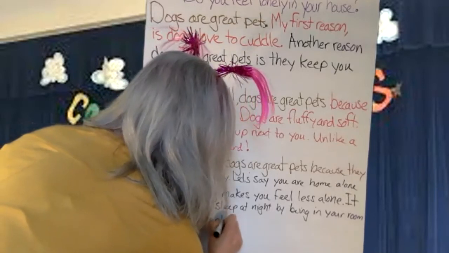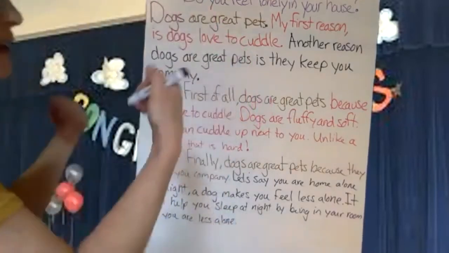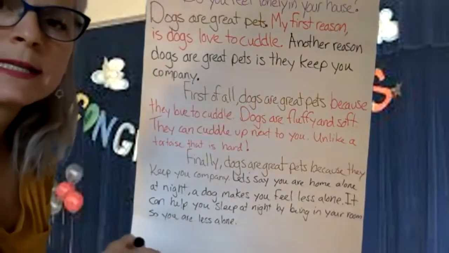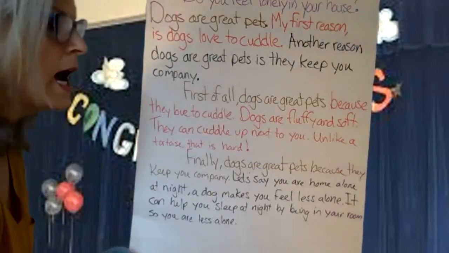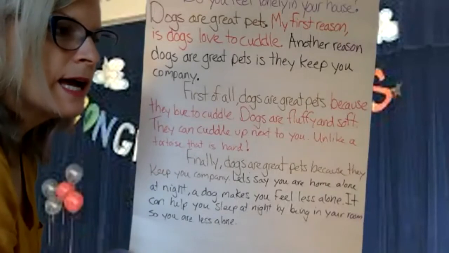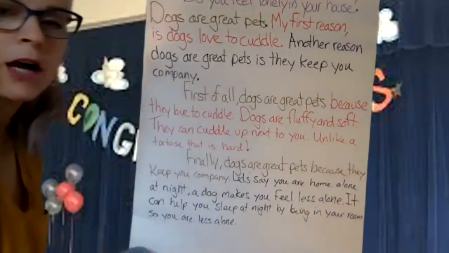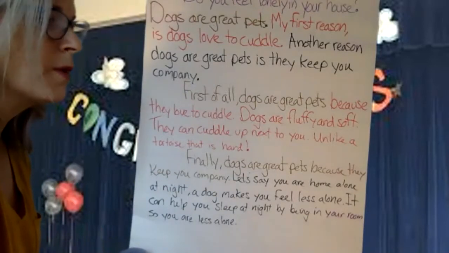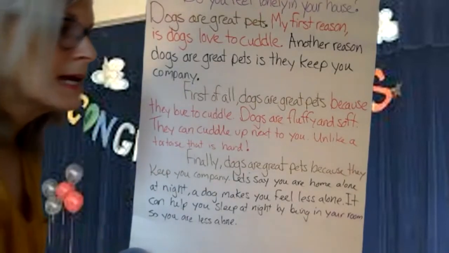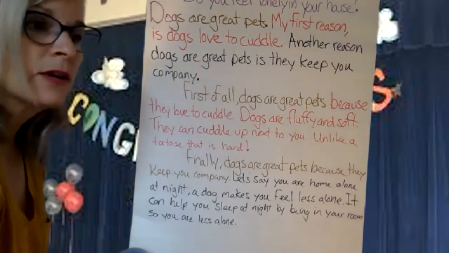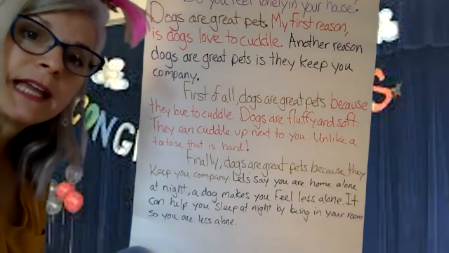Awesome. And again, if I were writing a whole essay, I would give more examples and more reasons, and I would explain my thinking. I would say, this is important because many people are feeling lonesome these days during quarantine and they're getting a dog, or the reason that I said this is because when I was a little kid, I was lonely, and then my mom got me a dog and I felt like I had a friend.